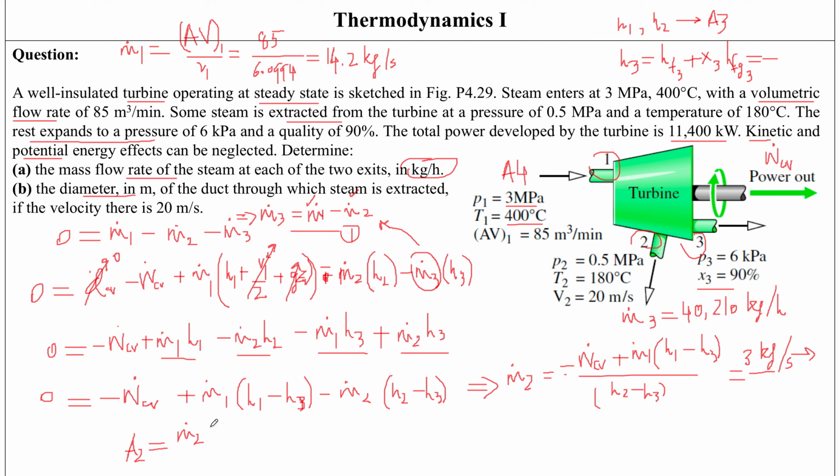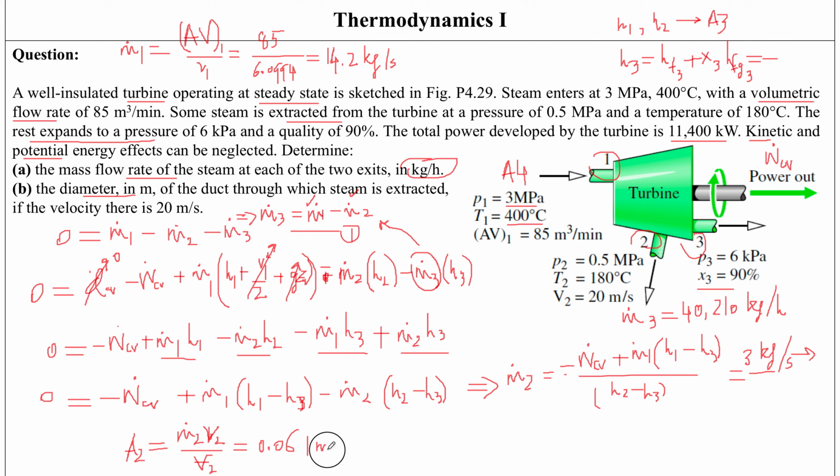The specific volume is something that we can find out as well. So that is going to be V2 divided by velocity at 2.